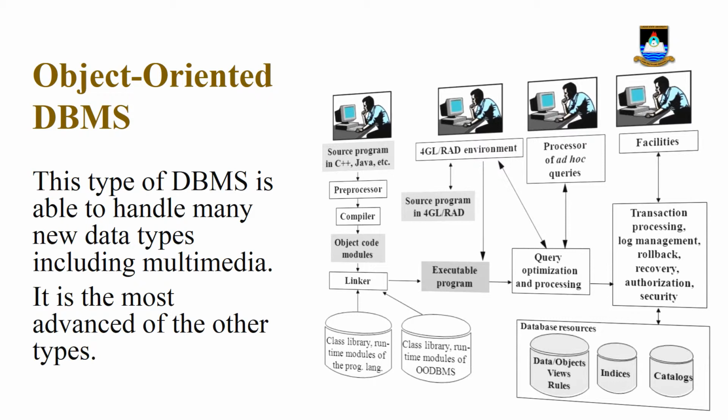It includes many types of data which are in different formats without restriction to any format. It is the most advanced of the other types as it allows the incorporation of different types of multimedia. As seen here, we can see the images associating with pictures, associating with codes and diagrams.